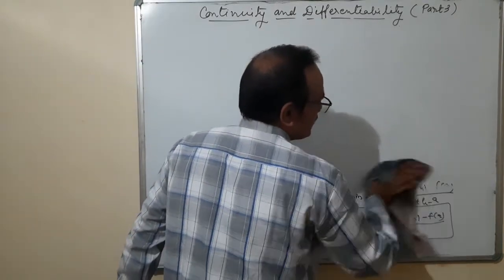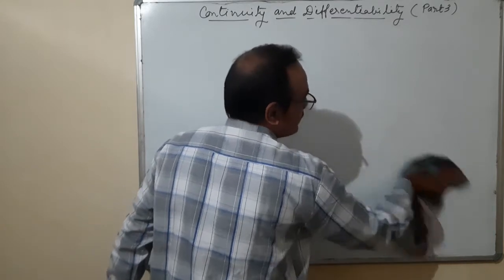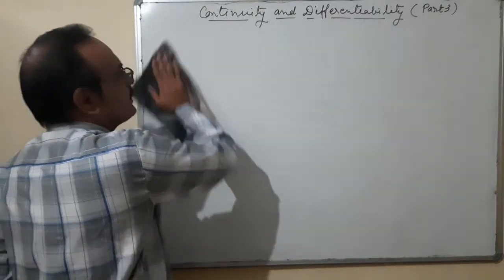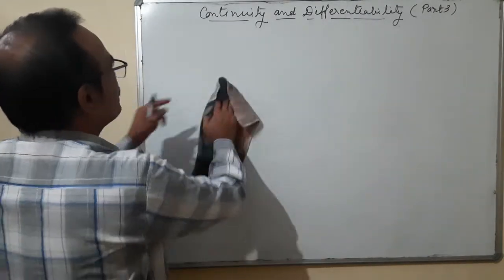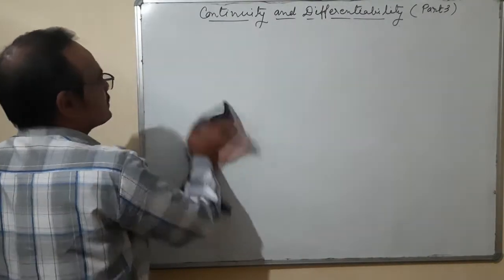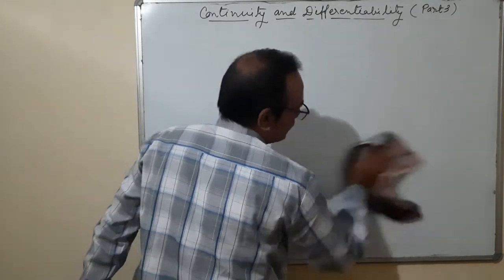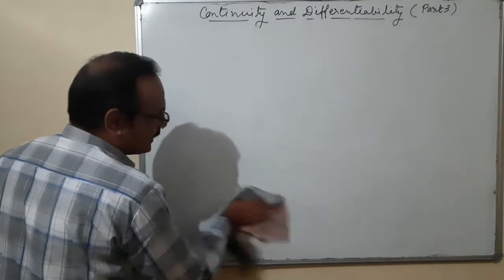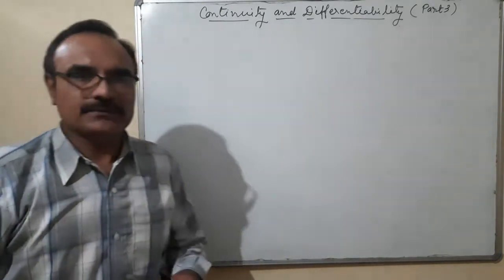If the function is continuous, so it is not necessary that the function is differentiable in that interval at that point. Is it okay? So one thing we should remember, when we are going to prove that the function is continuous, simply we'll prove that the function is differentiable, it would be automatically continuous. But if the function is continuous, it is not necessary that the function is differentiable.